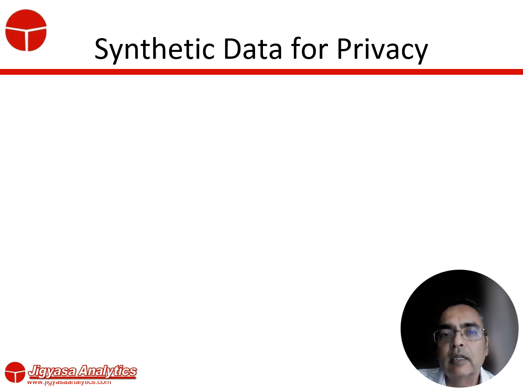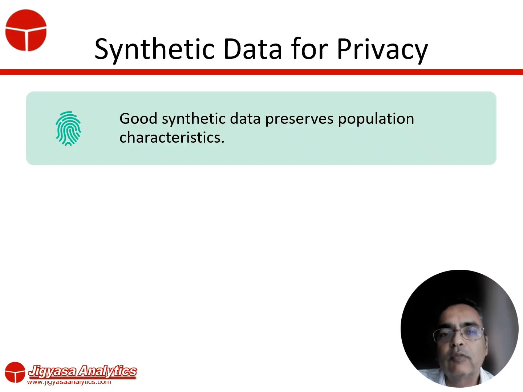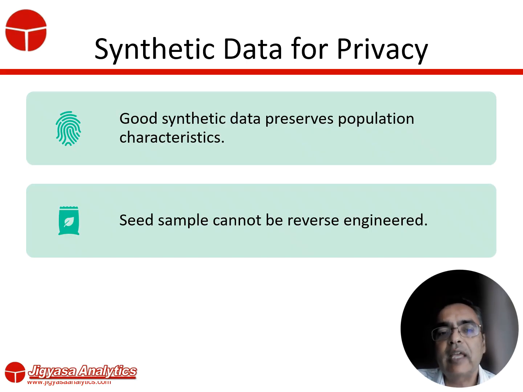But one of the key things we look for is it preserves the population's characteristics, and there are tests for that. And a second thing we want to ensure is that the seed sample that was used to generate the synthetic data cannot be reverse engineered and the identity of the actual records be unscrambled.